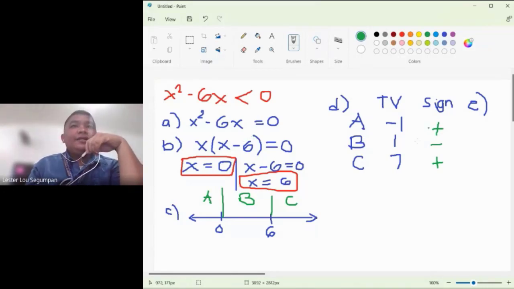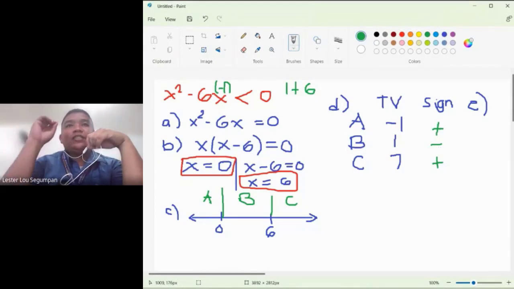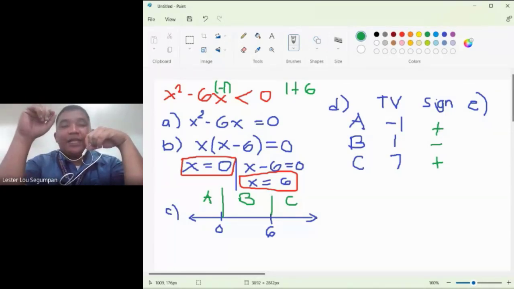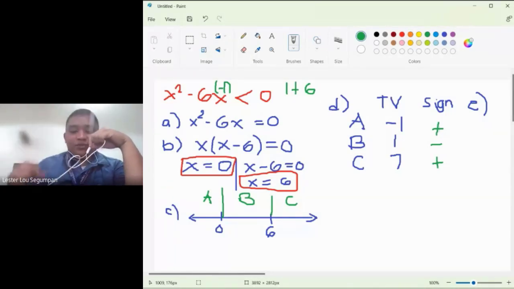So if we substitute -1 here, -1 squared is 1. When we substitute -1, don't forget that there should be a minus there. So minus times minus, the result will be +6. So this is really plus. Now, as to the determination of the plus, minus, plus sign, which will help you decide later on, very important is the correct substitution.